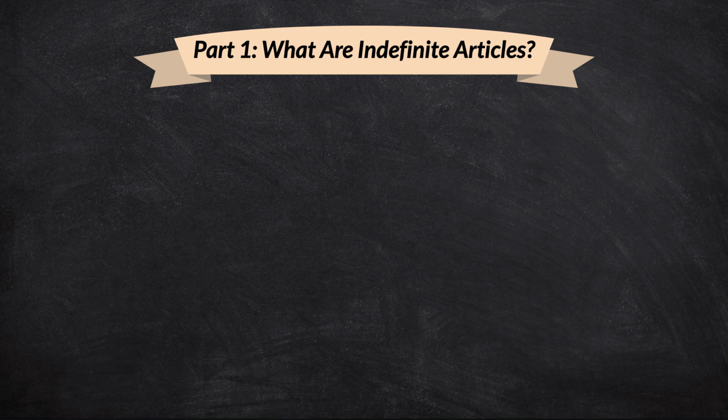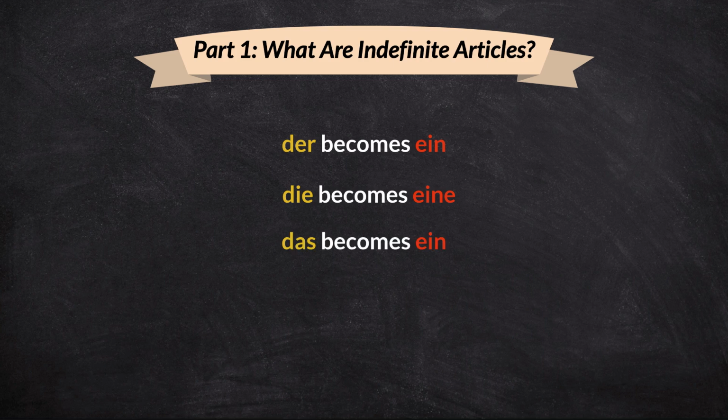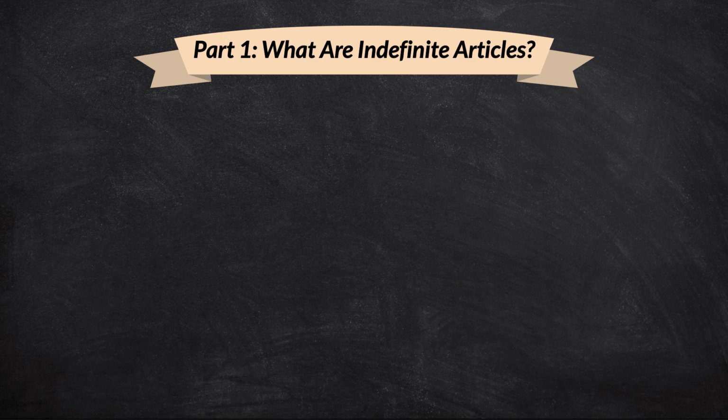Let us review that once more. So now you can see knowing der, die, das makes it much easier to use ein and eine correctly. This small trick will help you a lot in everyday German. Now let us continue and see how to match ein and eine with the gender of different nouns.